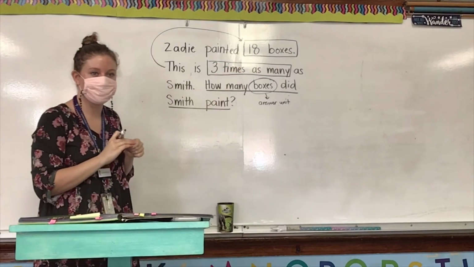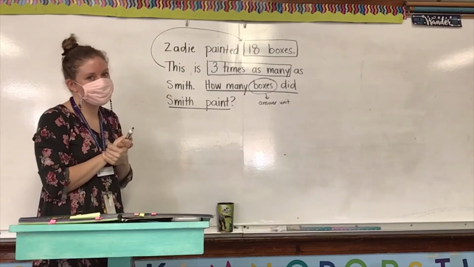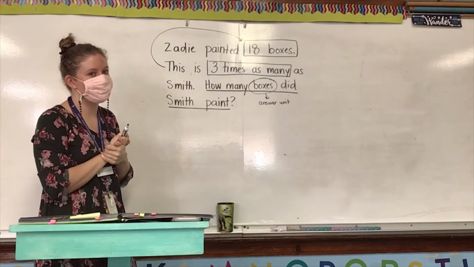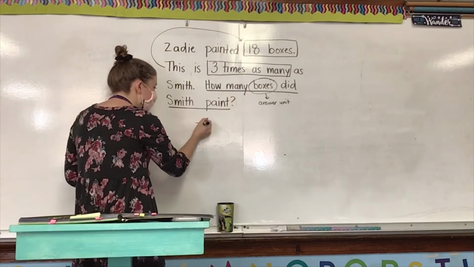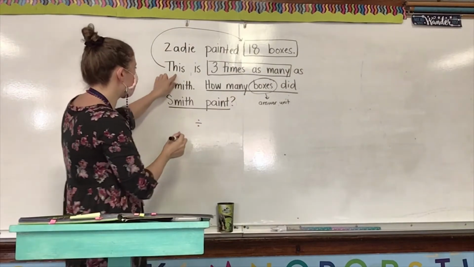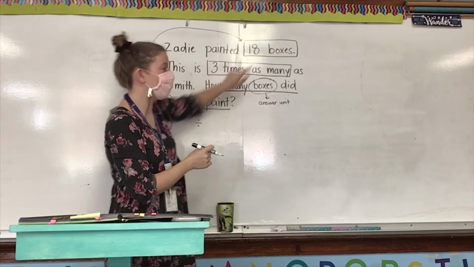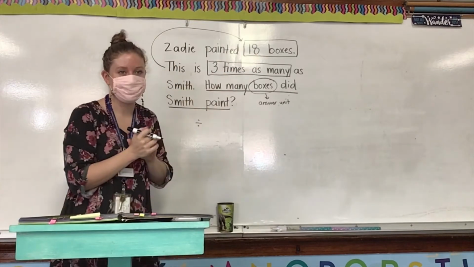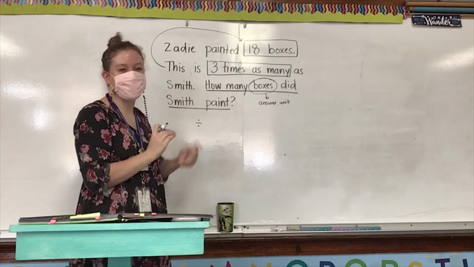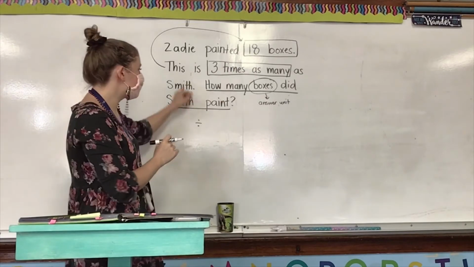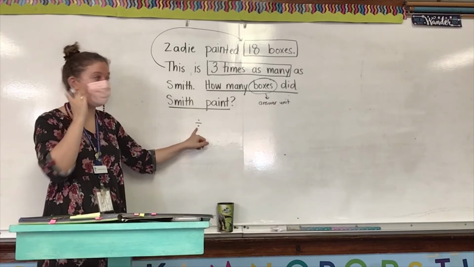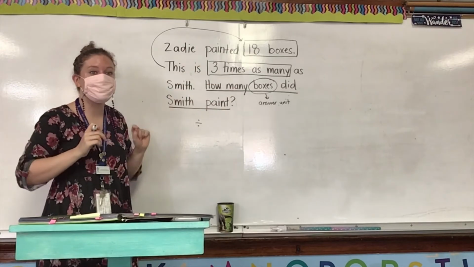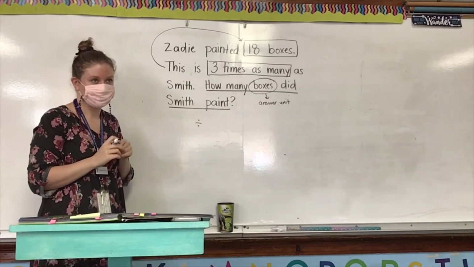A smaller number. So which operation do we have to do? Division. We know we have to do division because 18 boxes is 3 times as many. If 18 is 3 times as many, that means Smith has less. The operation that tells us we're going to do less when we have the word times or each is division.